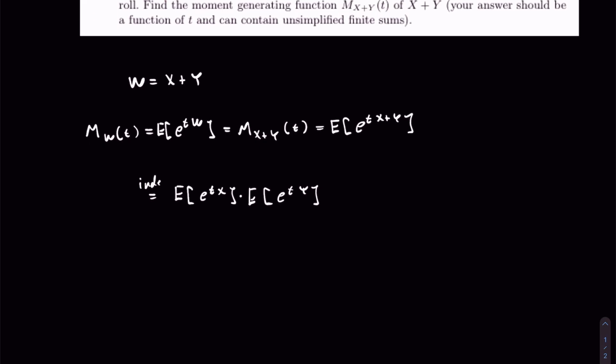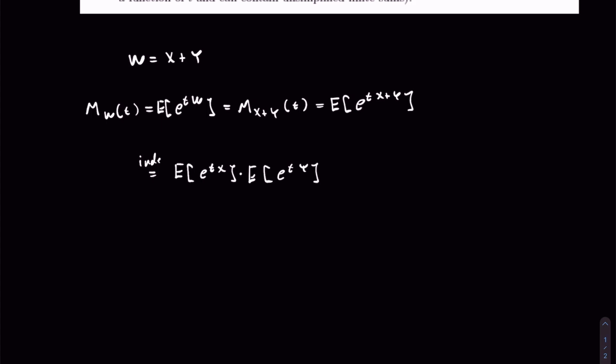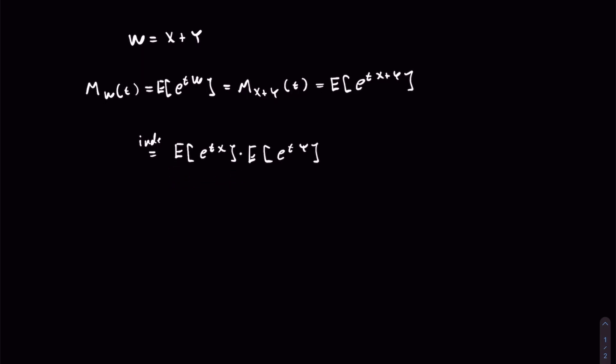And then we can evaluate these terms separately, but they will be identical because they have the same distribution as well. So let's just find the expectation over this transformed x, which is, by transform I mean by LOTUS.